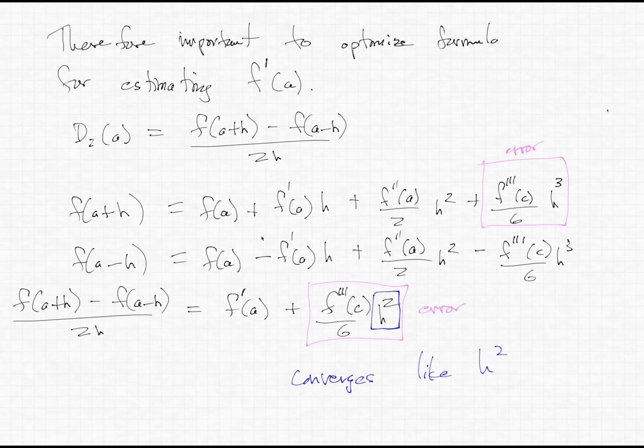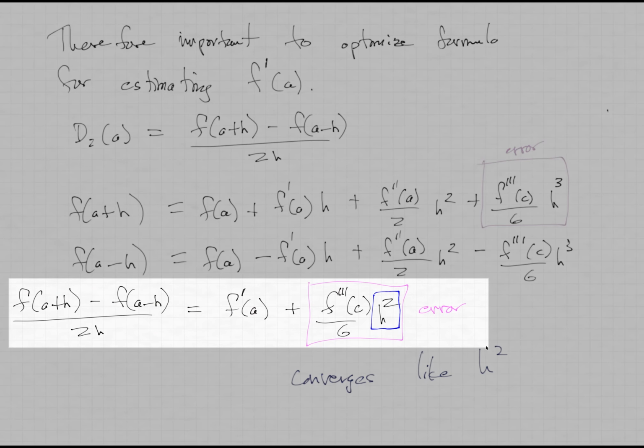So when you do that calculation, what you find is that applying D2 gives us f prime of a plus an error term which is of second order in h. We lost a power because we divided by 2h. So the h cubed in the error in the Taylor series goes down to h squared. But this is still better than the previous formula we were using. This is going to converge like h squared, so this is going to have much more rapid convergence.